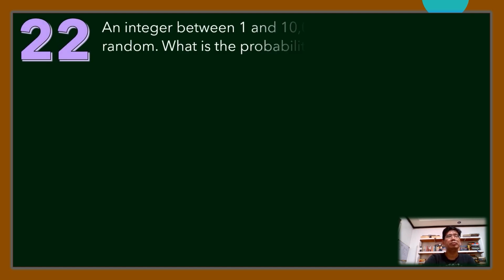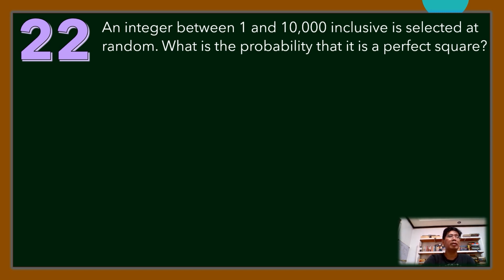Problem number 22. An integer between 1 and 10,000 inclusive is selected at random. What is the probability that it is a perfect square? Here is our suggested solution. From 1 to 10,000, the lowest perfect square number is 1. That is 1 times 1.